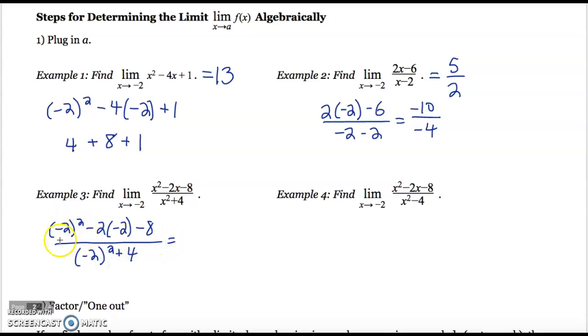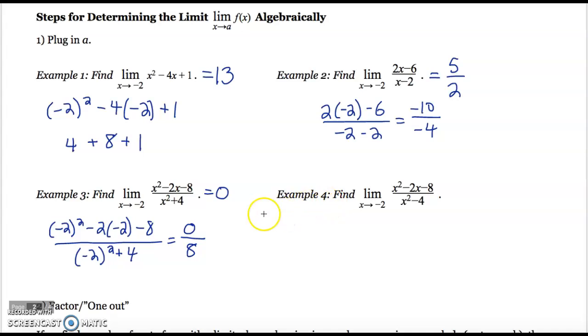On the top here, I get +4 plus 4, so that total is 8, minus 8 would give me 0. And then on the bottom, -2 squared is +4, plus 4 gives me 8. But 0 divided by any number, except for 0, is 0. So 0 divided by 8 is in fact just 0, and that is good to go. So the limit of that rational expression is 0.